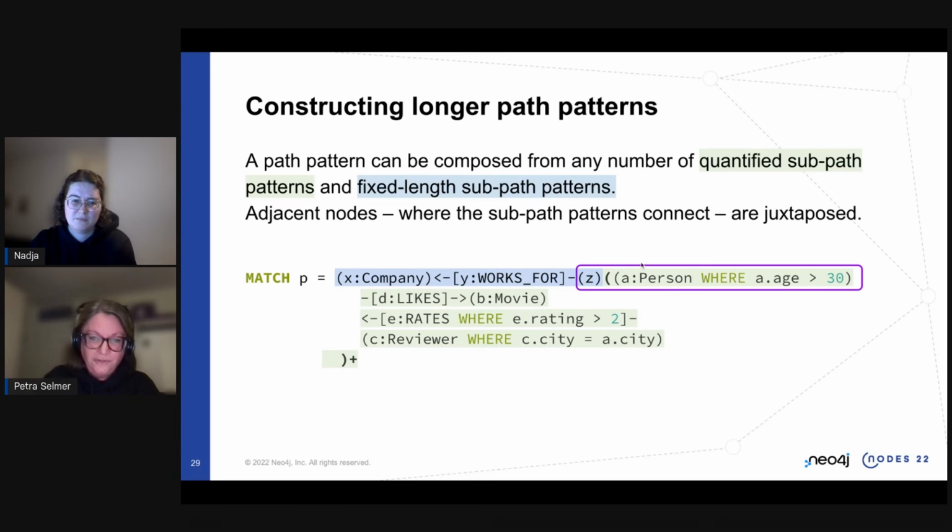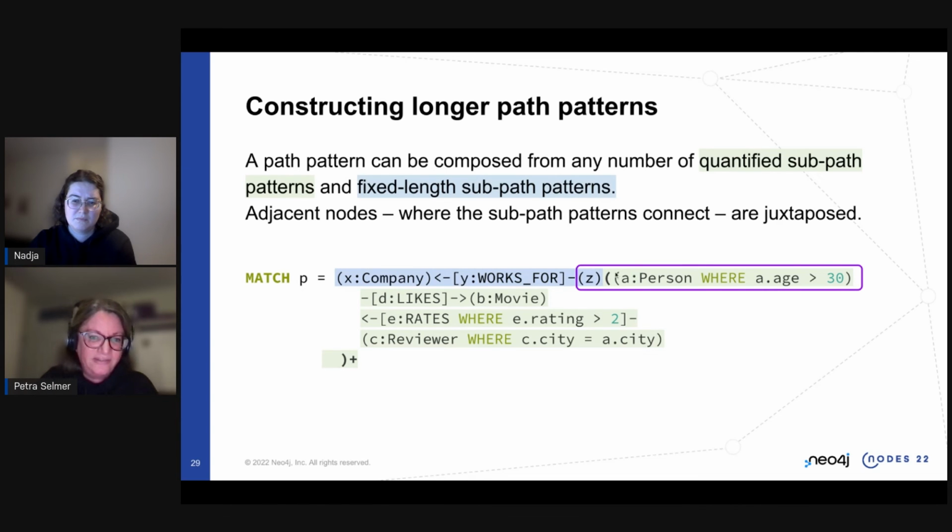So just a note as well, like we saw earlier with juxtaposition. If you recall, when we were repeating the path pattern a number of times, the same principle applies between any last node of a fixed path pattern and the first node of your quantified path pattern. So this is the only place where syntactically somebody would write what effectively looks like 2 node patterns placed side by side.